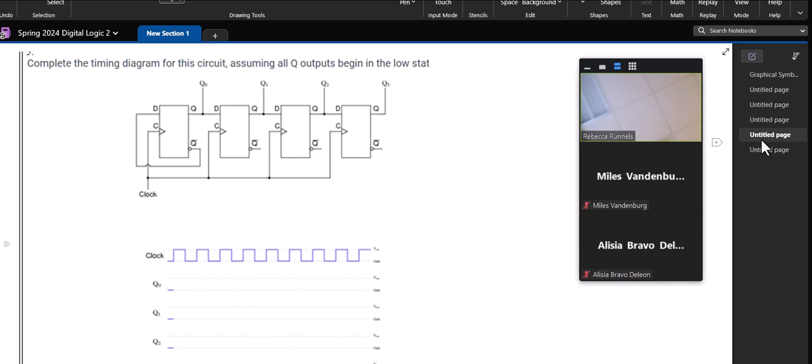And so whatever Q is, Q bar is the opposite. And so it is on every positive clock cycle going to toggle because it's always going to become what its opposite was. So Q0, this first one, is going to look like this.